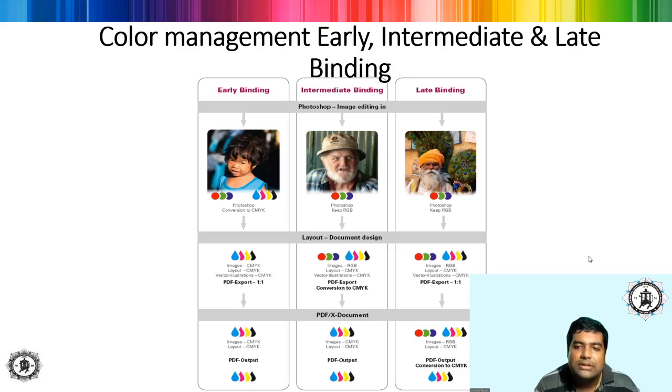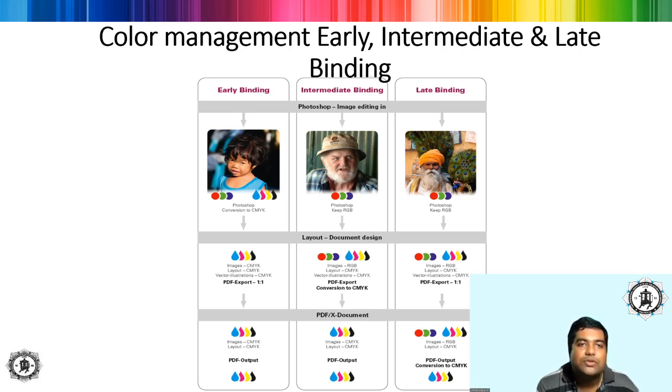Now let us discuss another kind of best practice that we should be following for color management work: how to deal with the color conversions of different images that we are using. Primarily, as you can see in front of you, there are three ways to do the color conversion work, or binding.